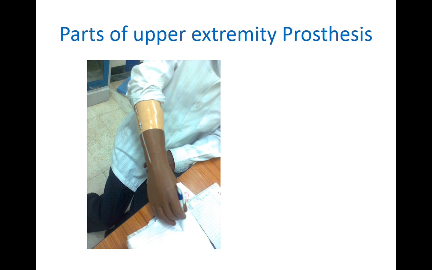Same system. You can see the light brown or yellowish color, that's the socket part. Then we have the cosmetic gloves covering it. This glove doesn't go entirely up to the proximal part of the socket. It goes only about half of the socket because patients usually wear long sleeves. So this is a normal hand.